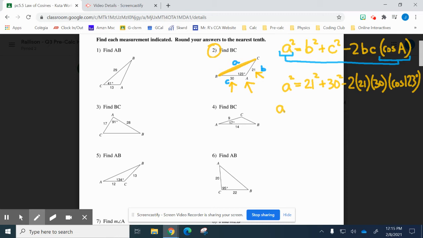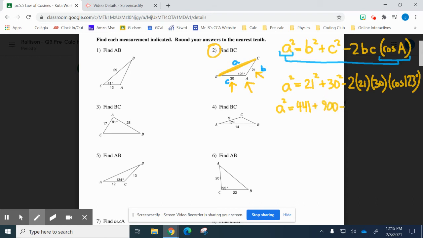I'm going to do it piece by piece for you. So 21 squared is 441. And 30 squared is 900.